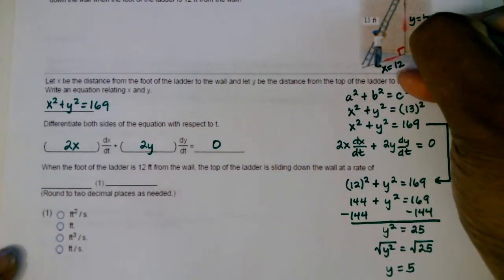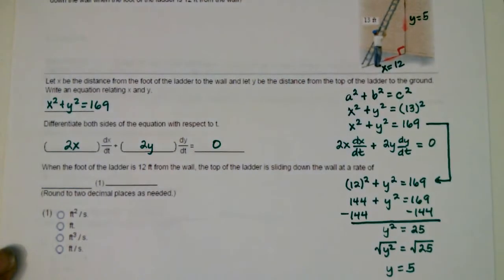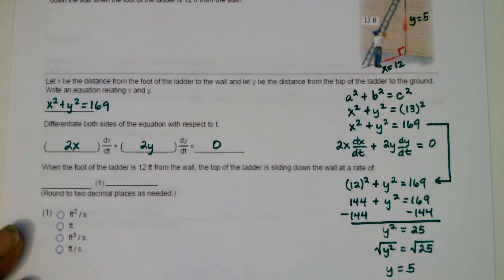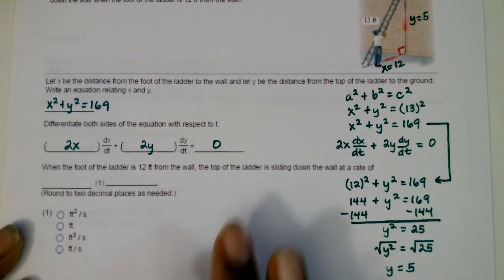So here, this height right here at 12, when x is 12, that height there will be 5. Okay, so let me go ahead and gather up what I already know here.